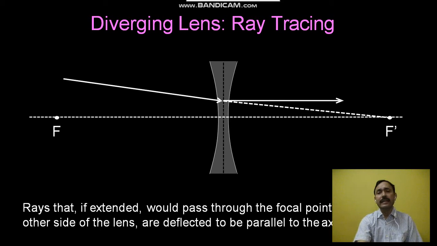Now, any ray that is falling not parallel to the principal axis, then it will be parallel to the principal axis after passing through the lens, and the emergent ray will be parallel to the principal axis.